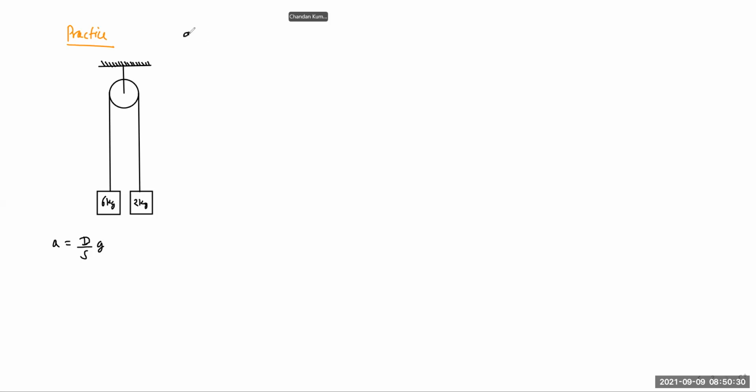The value of g is 9.8 meters per second square. So when a question says that take g equals 10, then take 10. It means that it should be mentioned explicitly in the problem. Otherwise, however bad the calculation may be, you should take 9.8, and this is a good practice to go ahead with.